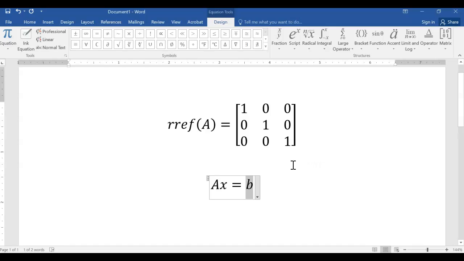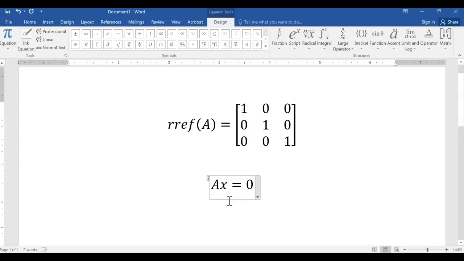And if we look at the homogeneous equation, the only solution is the trivial solution: x1 is 0, x2 is 0, x3 is 0. That means the only thing that A multiplies to get 0 is the 0 vector itself.